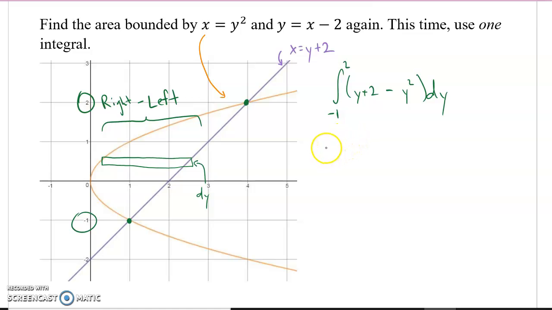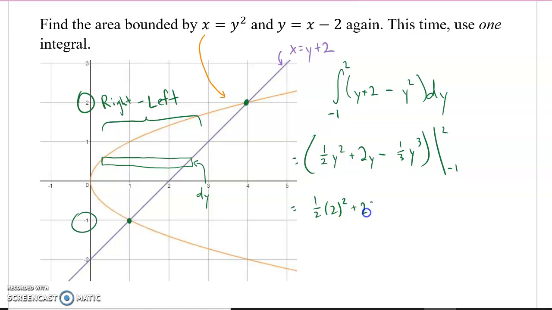So when we integrate this, we get 1/2 y squared plus 2y minus 1/3 y cubed. We'll evaluate that antiderivative at 2, evaluate it at -1, and subtract. So 1/2 of 2 squared plus 2 times 2 minus 1/3 times 2 cubed.